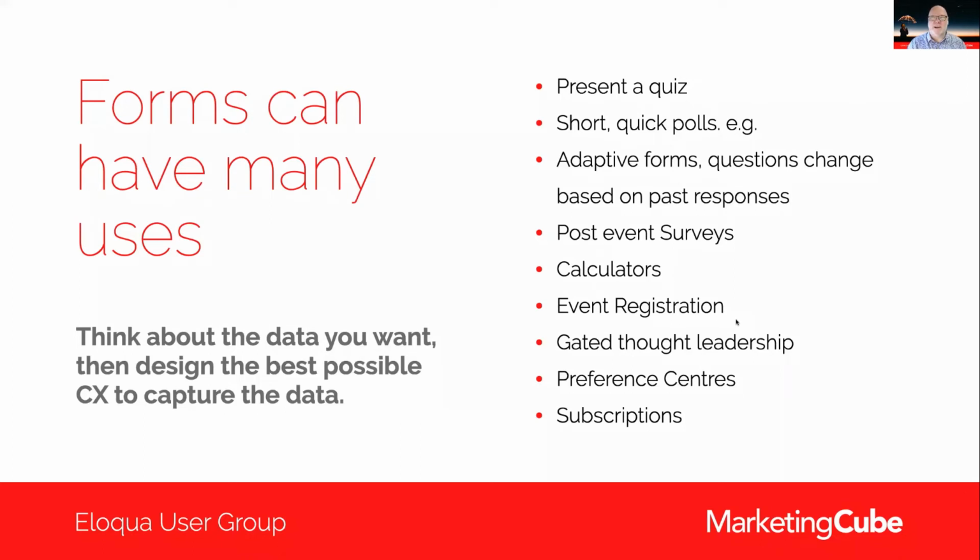Typically an ROI calculator, for example. We had a client in the financial services space who enabled their channel partners to use a calculator to calculate a rebate, I think it was.